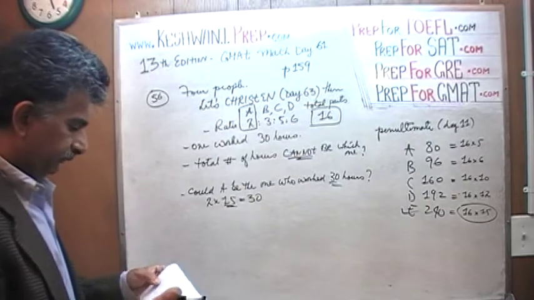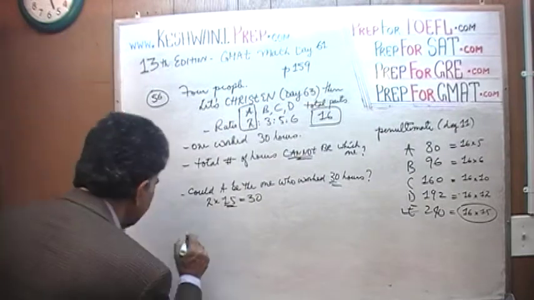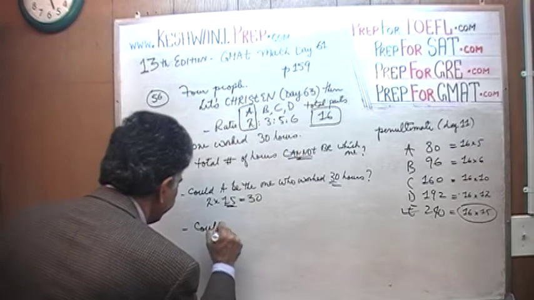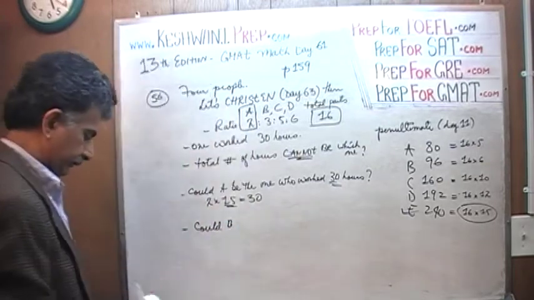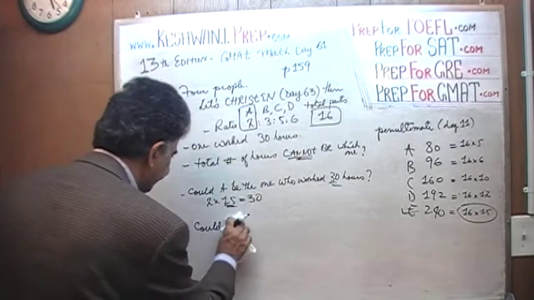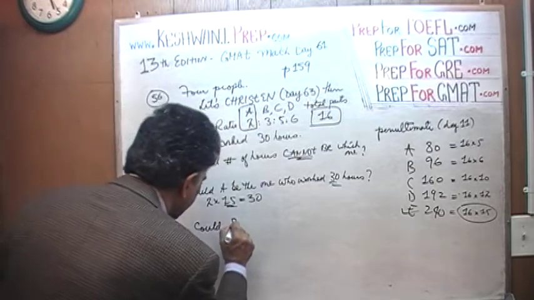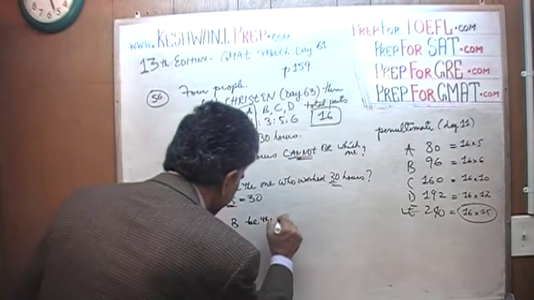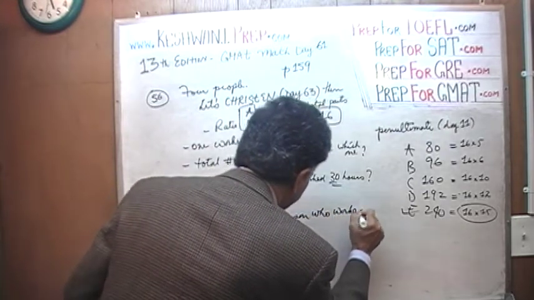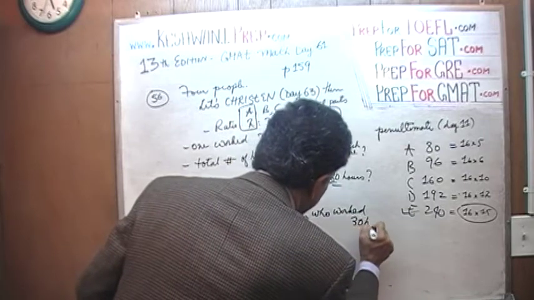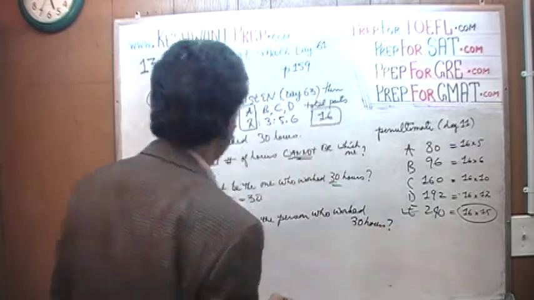Let's ask B. Could B be the person who worked 30 hours? Well, let's find out.